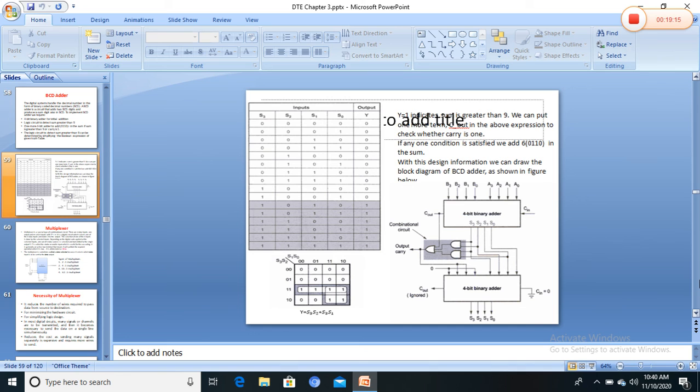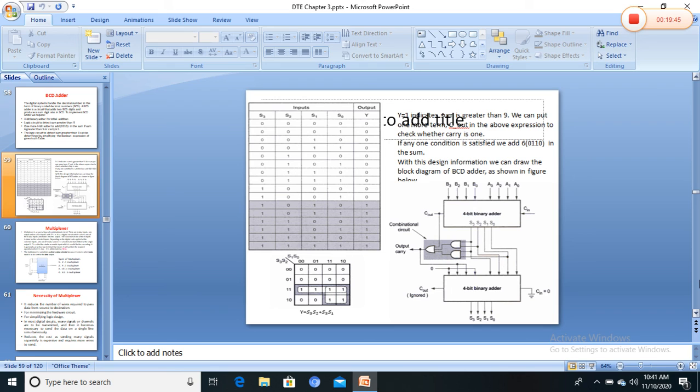B3 and B0 are equal to 0, so they are connected to ground permanently. So this makes B3, B2, B1, B0 equal to 0, 1, 1, 0 if y dash is equal to 1, that is, if the sum is greater than 9. The sum outputs of adder 1 are applied to A3, A2, A1, A0 of adder 2, and the output of the combinational circuit is used as the final carry output, and the carry output of adder 2 is ignored.